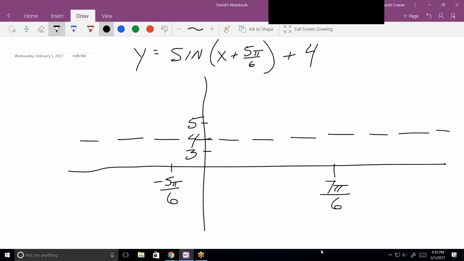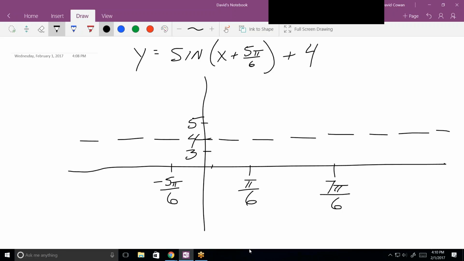Quarter that up. 7 pi over 6. So the middle would be pi over 6. 2 pi over 12, yeah, pi over 6. You do that better than I do it.